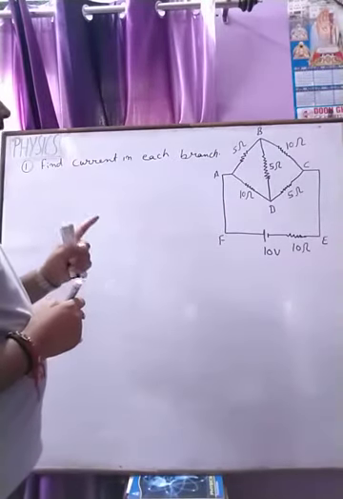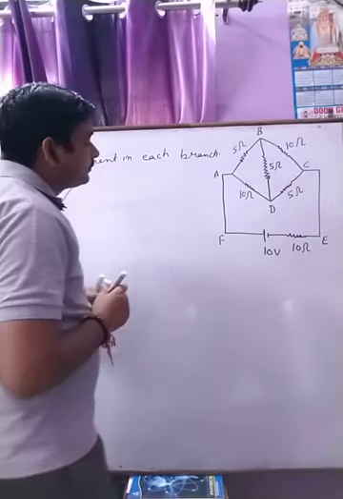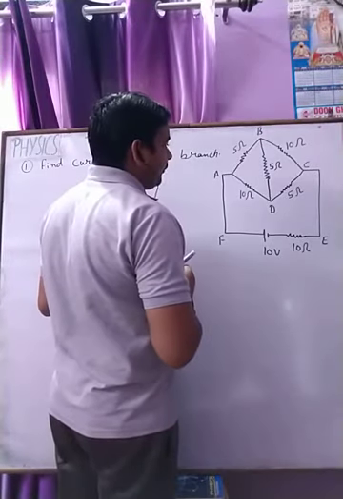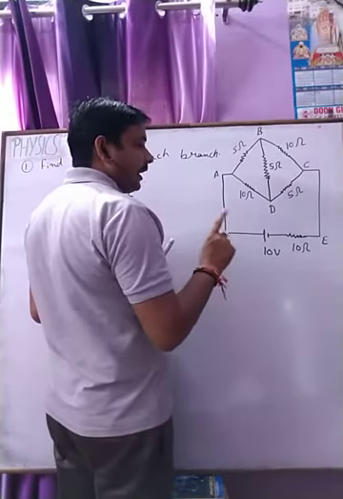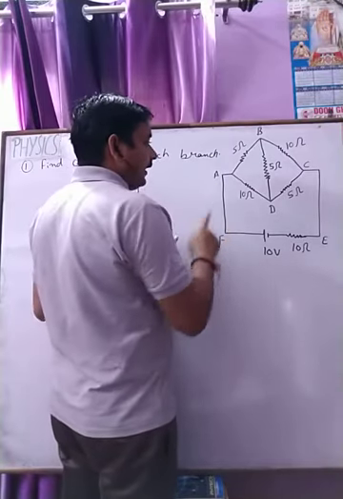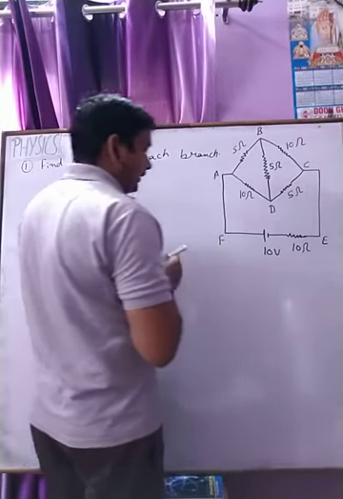For calculating current in each branch, we first need to divide the current across each branch.